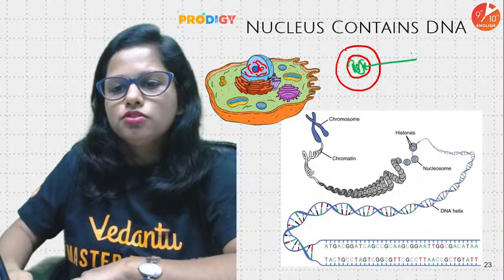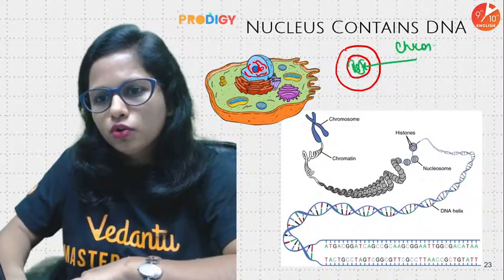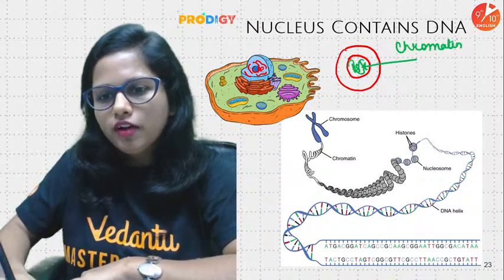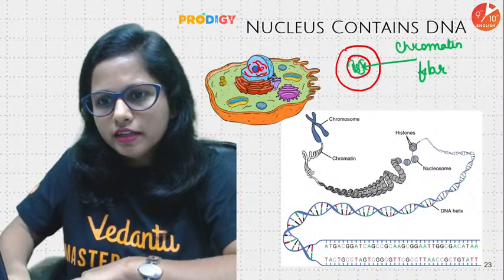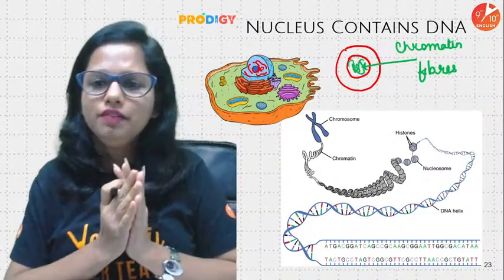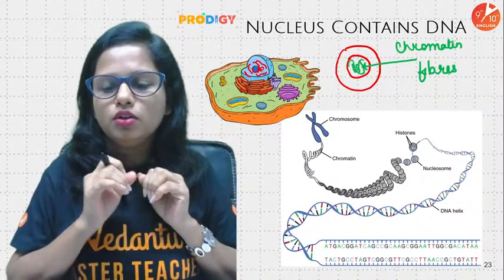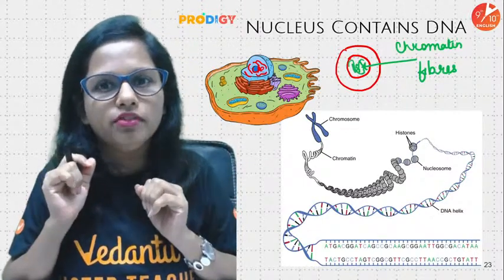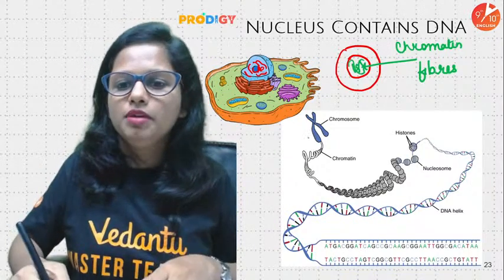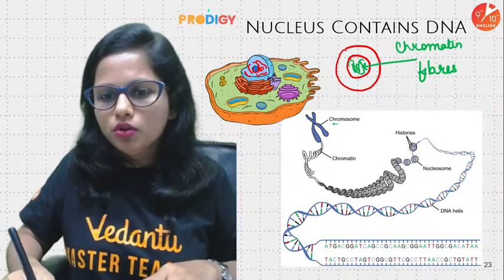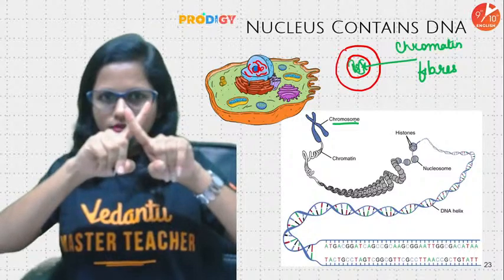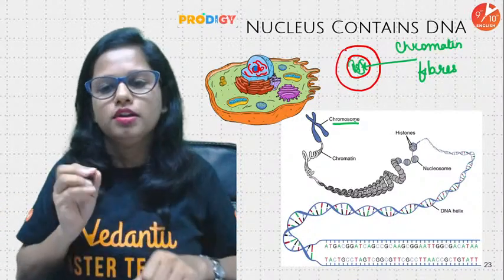These thread-like structures are called chromatin fibers. However, if the cell is in its dividing phase, I won't be able to see these chromatin fibers. Rather, I'll be able to see some X-like structure, which is called a chromosome.